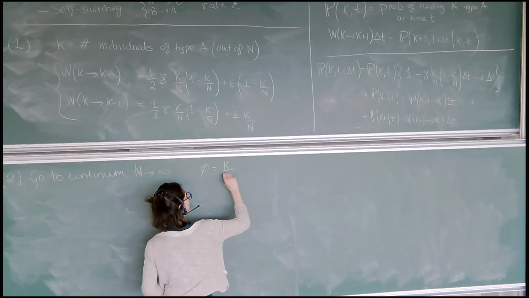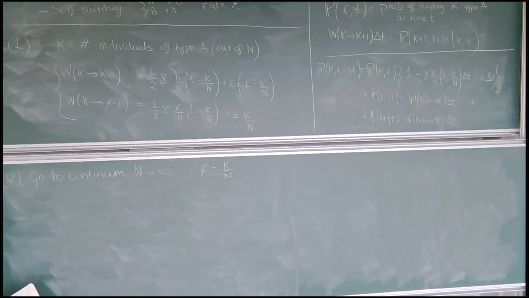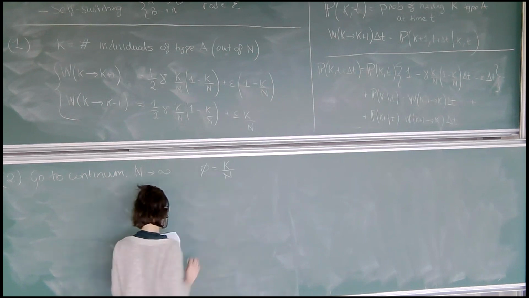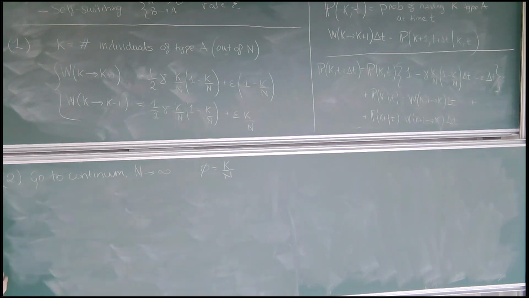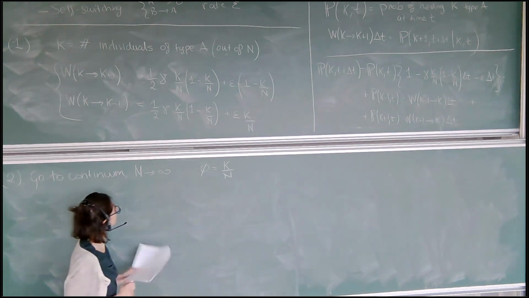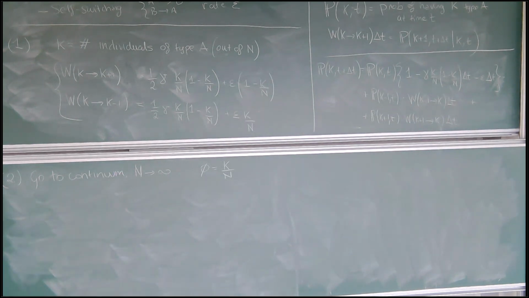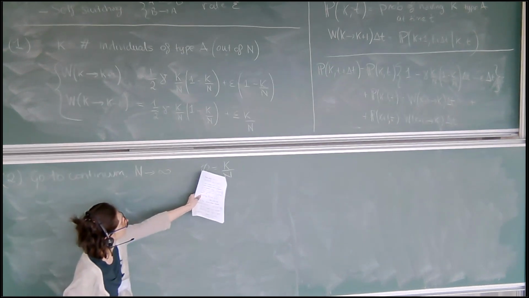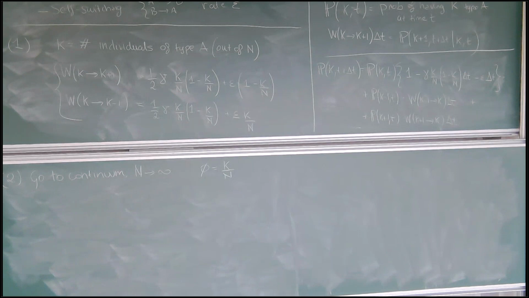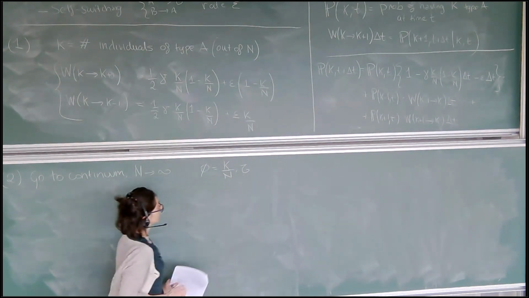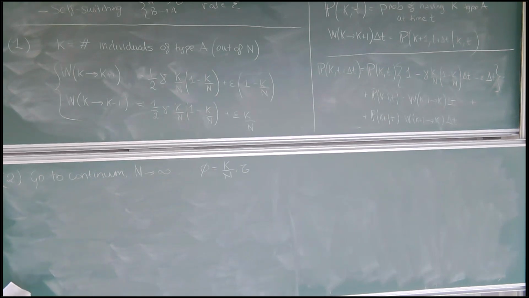So phi will just be the fraction k over n. And let me also introduce something that hopefully will become clear in a minute. If I want to develop a continuous description, I not only have to rescale k to be able to send n to infinity, but as we will see, I will also have to rescale time to have a properly defined equation.